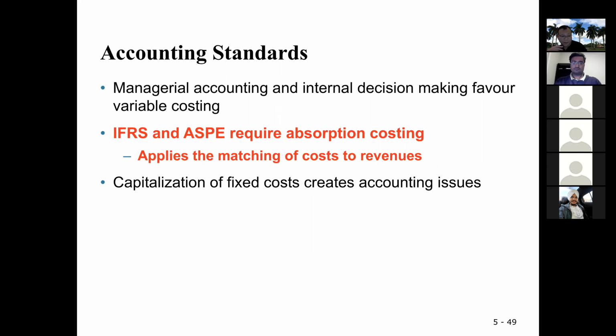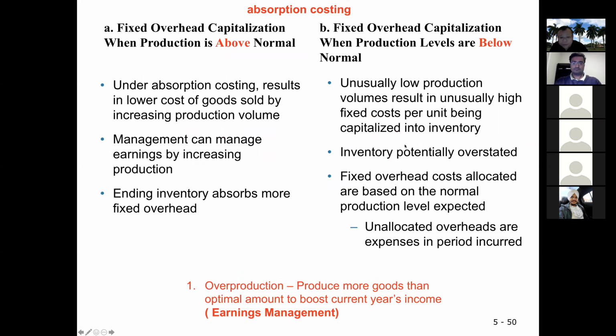Okay, so there are some accounting issues under absorption costing. It depends on the production level. One scenario is that the production level is above the normal level, and the other is that it is below the normal level. That's two scenarios.